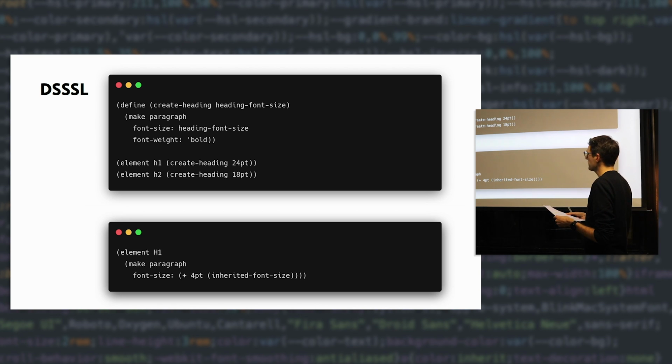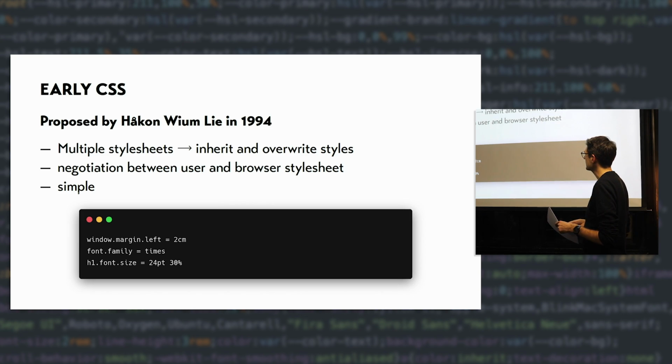Okay, yeah, but now finally move on to CSS. It was proposed by Håkon Wium Lie in 1994, and what was new and special about his technology is that you could use multiple style sheets and you could overwrite styles.